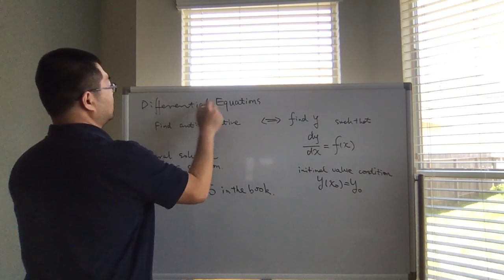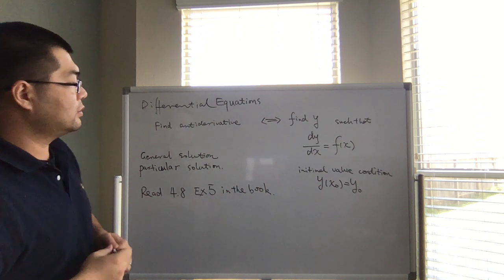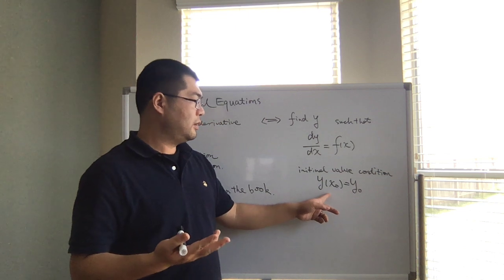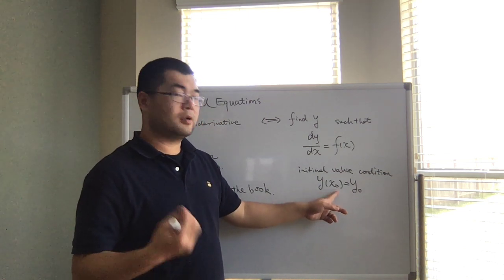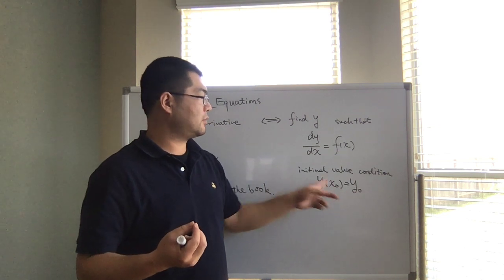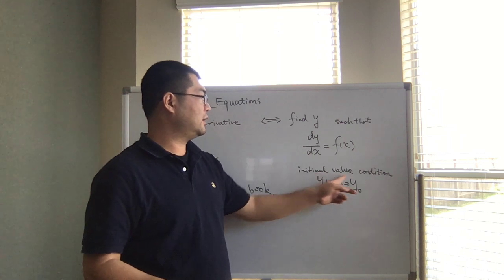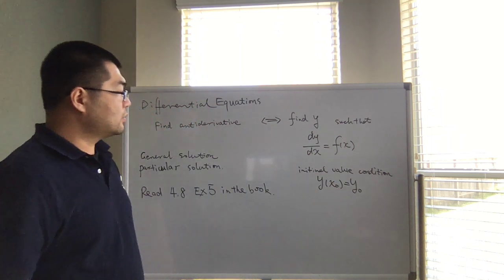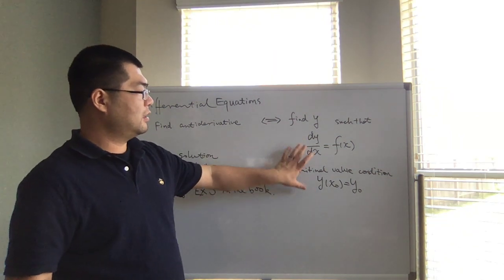And also, guys, if you embed a condition, in other words, when x equals x0 the corresponding y equals y0, we also have a name. This is called the initial value condition. Combined with the differential equation and this initial value condition, we have a name.